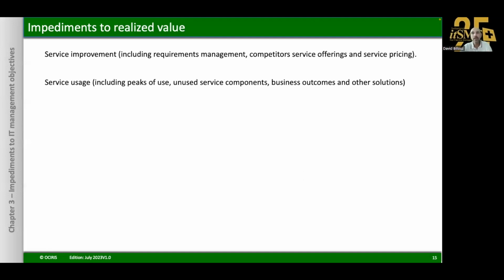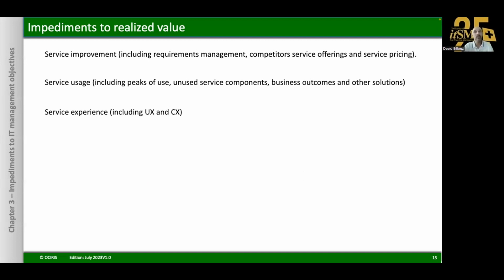Service usage. We say, okay, from the beginning in the value proposal, we assume that the users will use the service as we want. But in reality, we have to monitor, and we can see that there are many components of a service that are not in use. And if they are not used, you cannot really maximize the value from them.